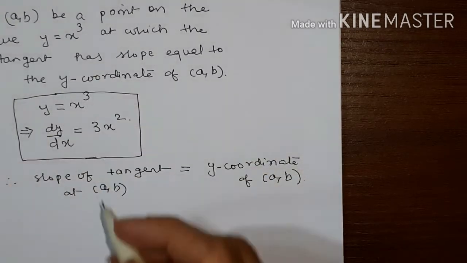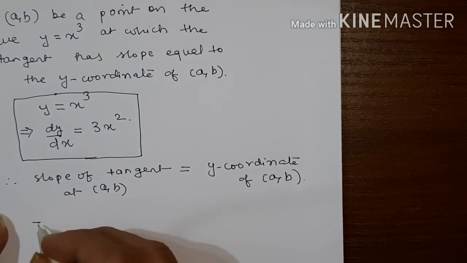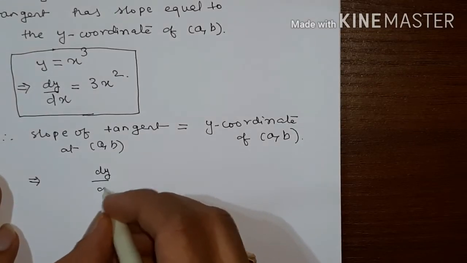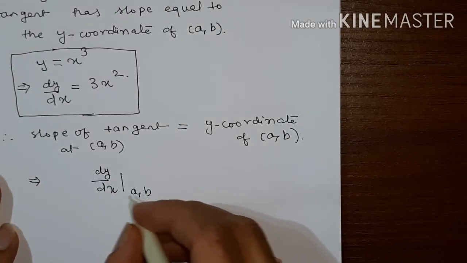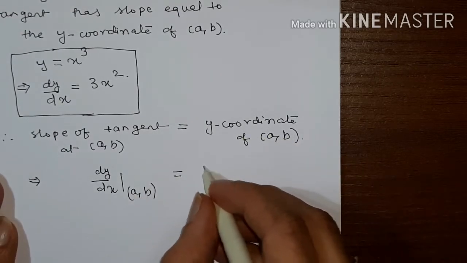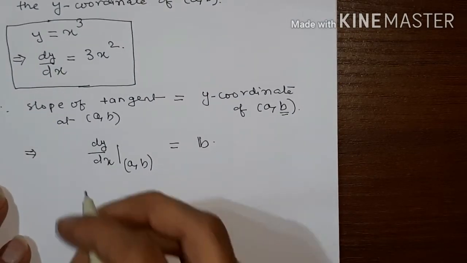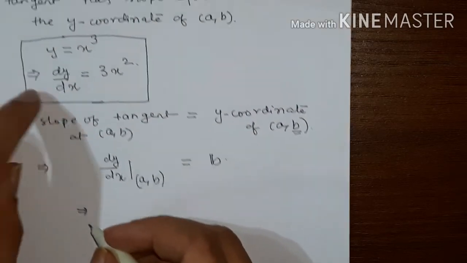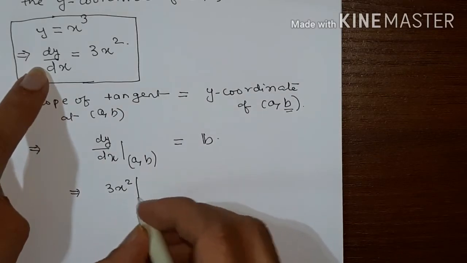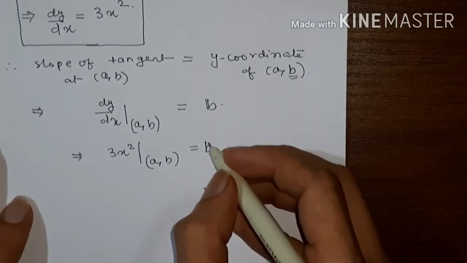I am only writing the condition in terms of a mathematical equation. Slope of tangent at a comma b means dy by dx at the point a comma b, which is equal to the y coordinate of a comma b, which is nothing but b. We have found dy by dx, that is 3x square at the point a comma b, which is equal to b.